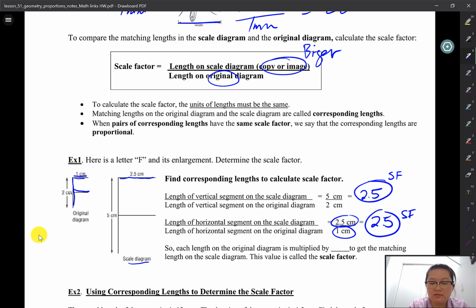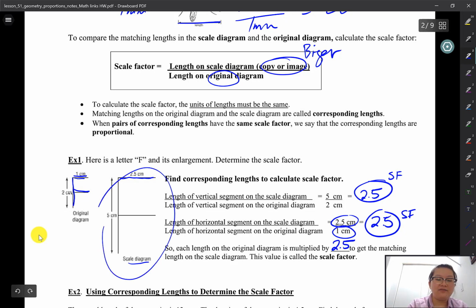So each length across and down is multiplied by 2.5 to get the matching length. This value is called the scale factor. 2.5 is your scale factor. Notice it is greater than 1, so the copy of the F is bigger than the original. It's an enlargement.